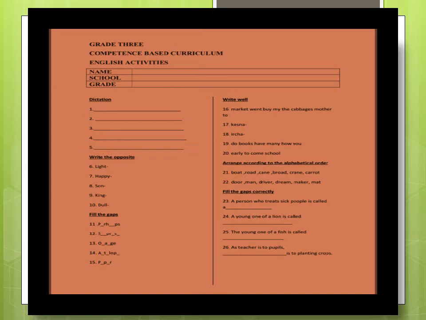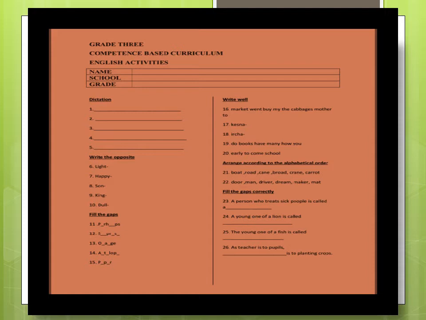Number 3, staff room. Number 4, computer. And lastly, number 5, teacher. I've said elephant, engineer, staff room, computer, and teacher.